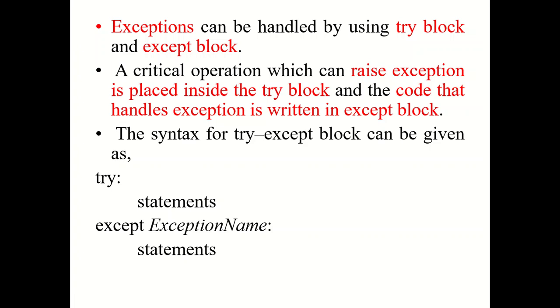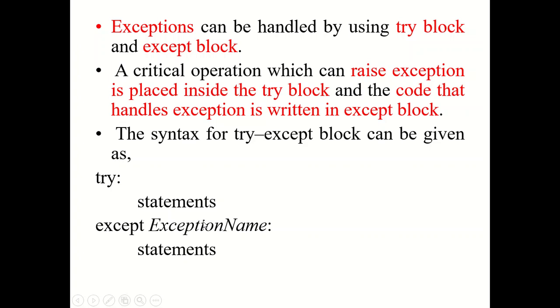How do we handle exceptions? Exceptions can be handled by using try and except blocks. What does the try block do? What does the except block do? Before we see the example, we have to know the syntax. Whatever is in the try block is executed, and if an error occurs in the try block, it will be caught by except, followed by an exception name.